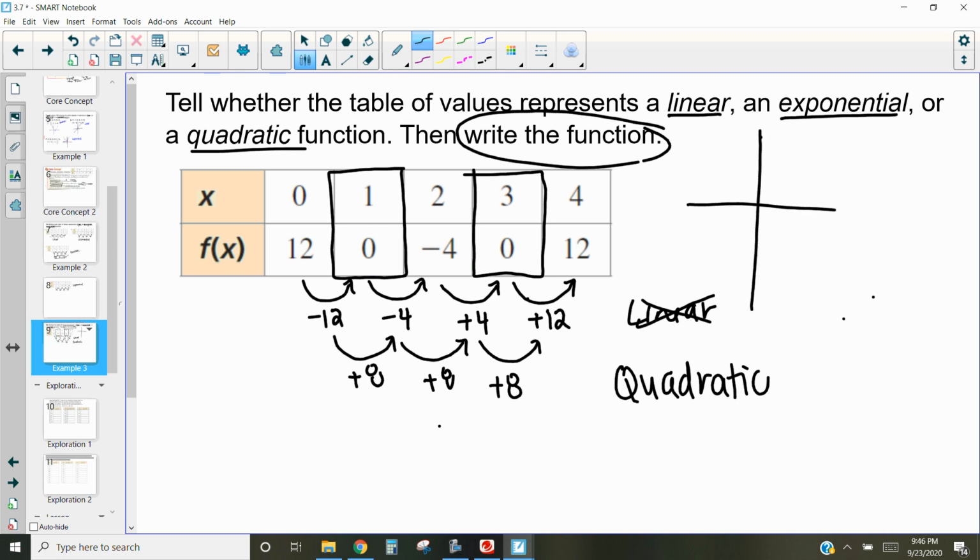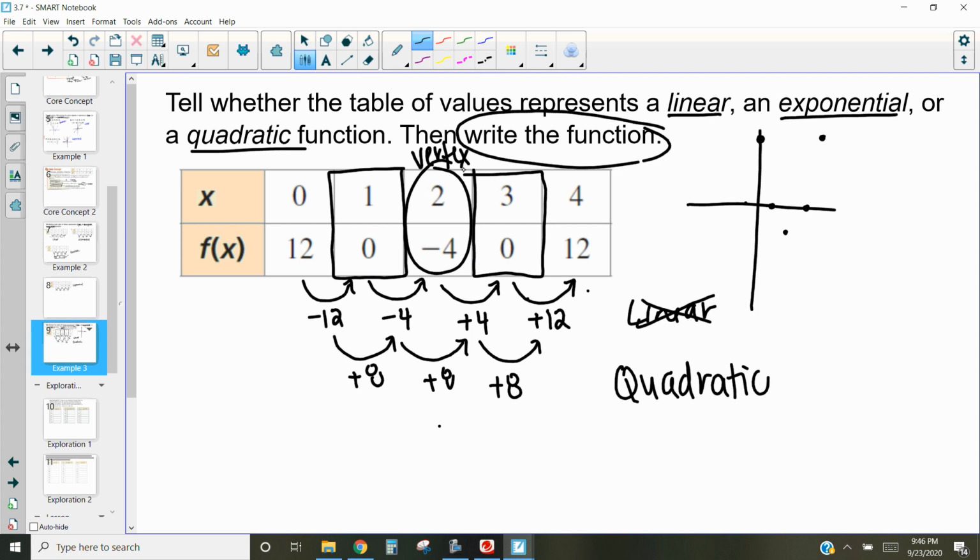Here at 0, I'd be all the way up at 12. At 1, I'd be over here at 0. And then at 2, I'd be down at negative 4. And then at 3, I'd be up here. And at 4, I'd be all the way back up at 12, right? So this tells me a couple things. It tells me my vertex is this number right here. This is my vertex. And it tells me that these are two of my points.